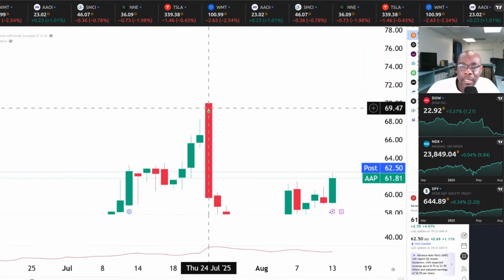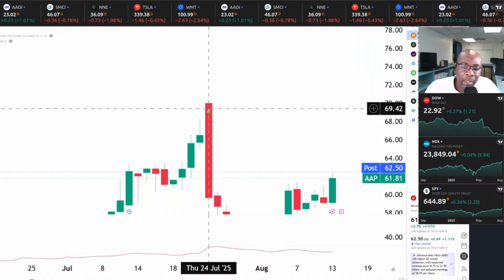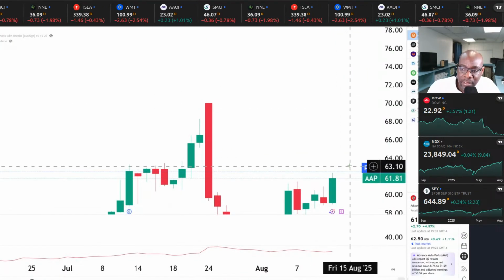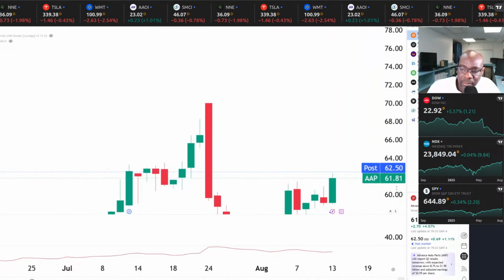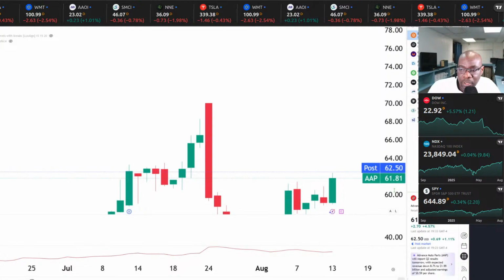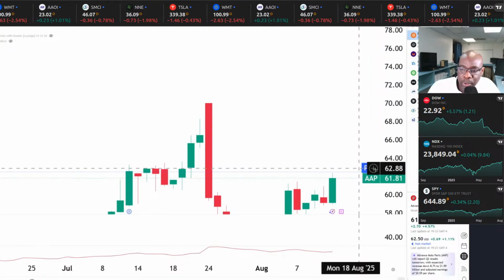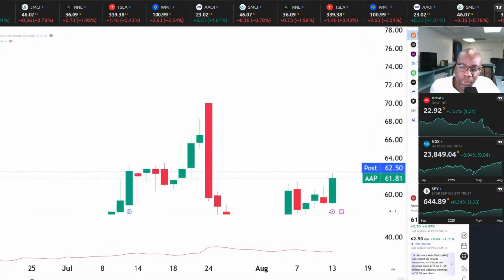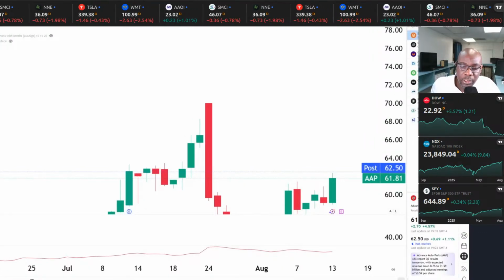$69.96. And now a lot of you guys who are new to trading will say, well, how does that happen? Well, you see this right over here where we looked at this price and it says $61.81. That's where the price closed today. And you see where it says post market, it means you're able to trade when the market is closed. At 4:30 the market officially closed.